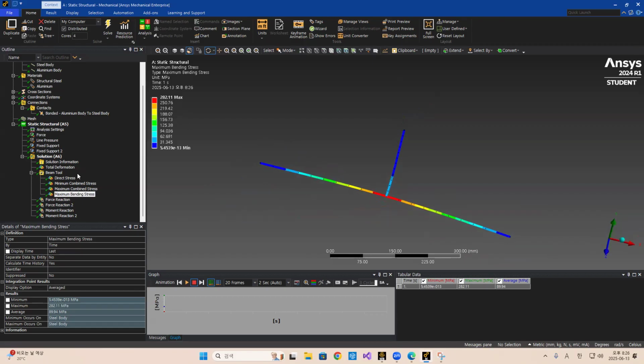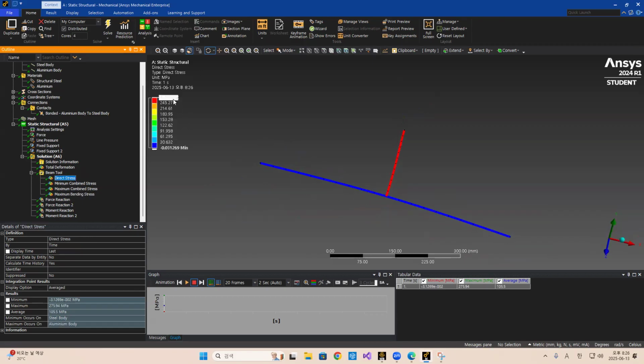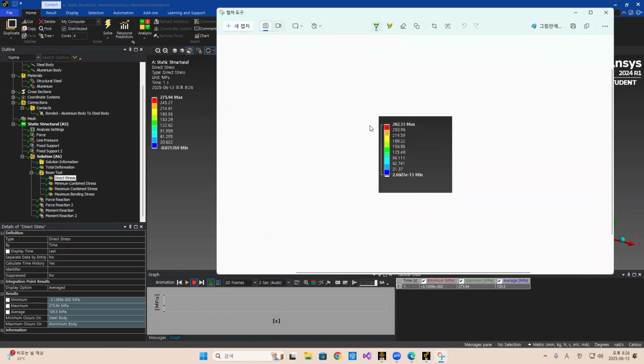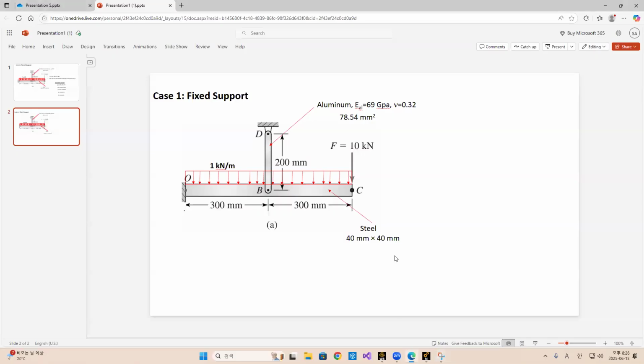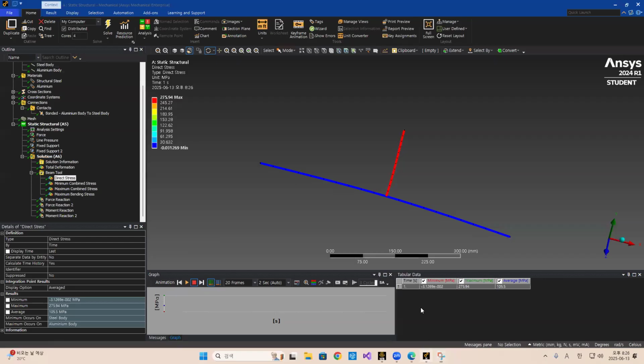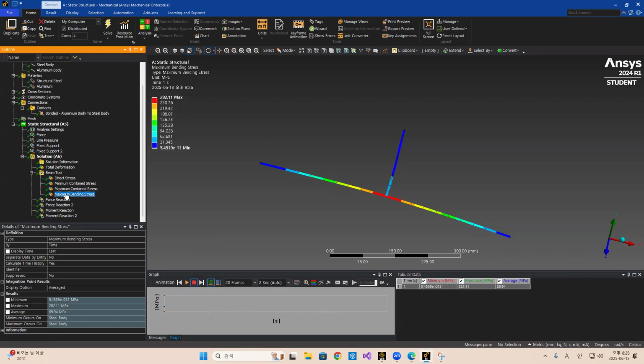It is 275 here. The direct stress is a little bit different: in our case the tensile stress was 262, but when you apply fixed support it is 275, because the reactions change. So the stress changes, but the bending is almost the same.